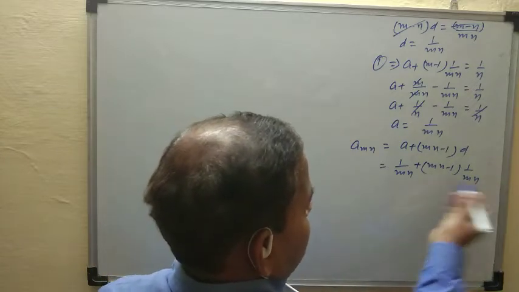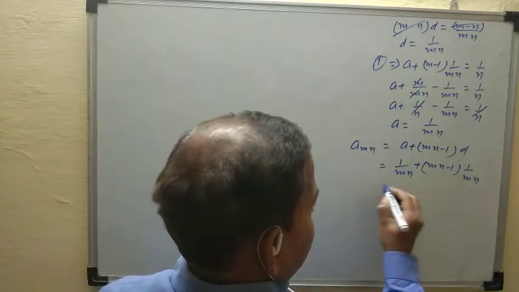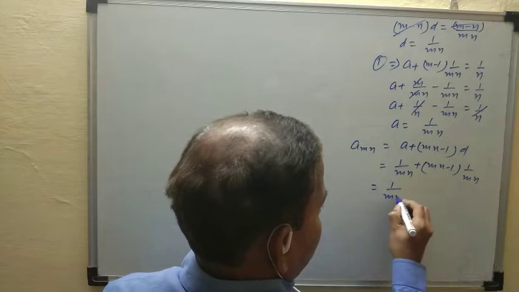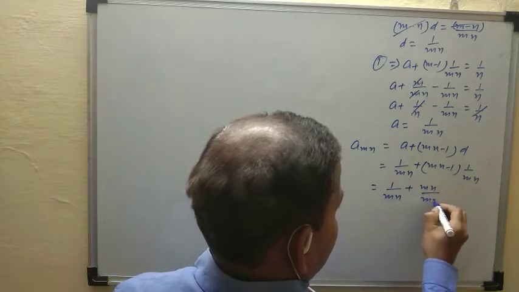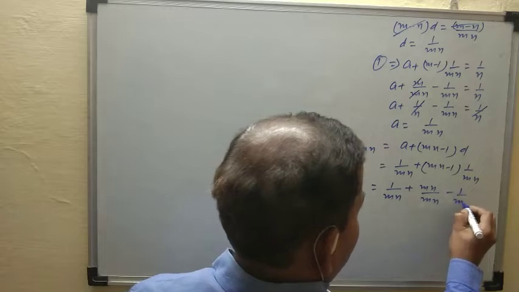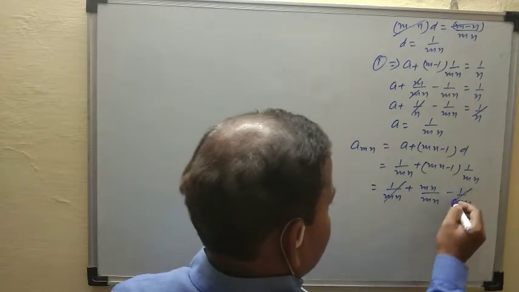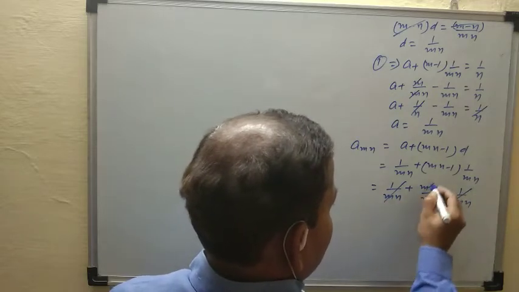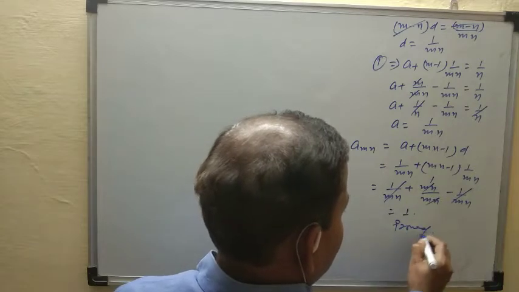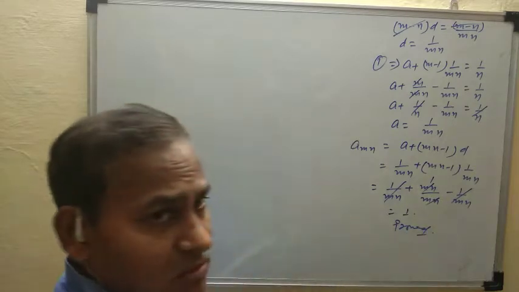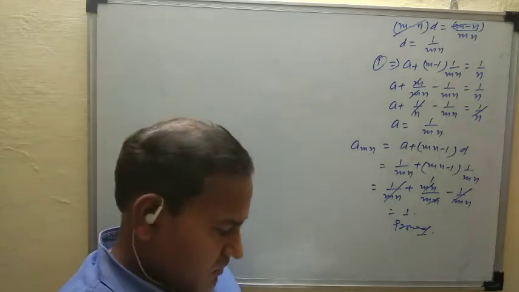So now 1 by mn common, open the bracket. So 1 by mn, bracket open, then mn by mn minus 1 by mn, mn also cancels, so this is equal to 1. Proved. So the mnth term is 1.